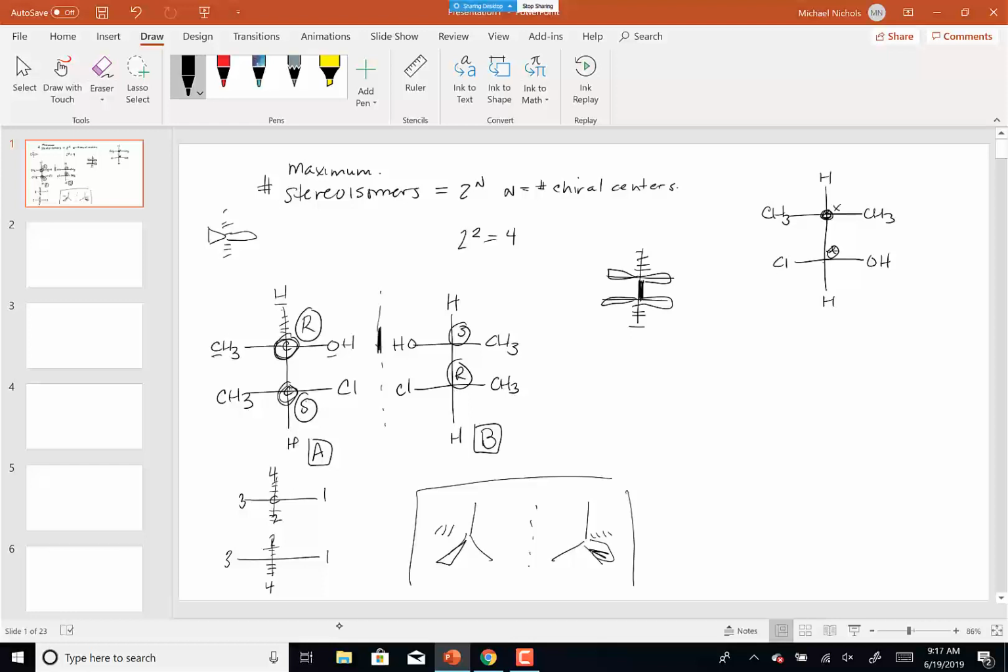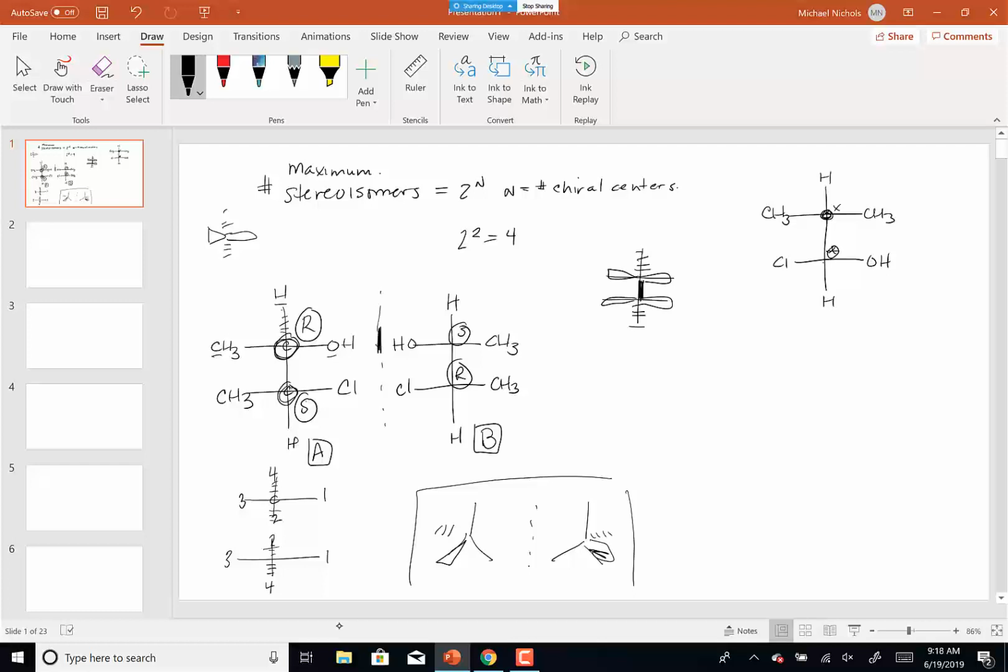So if I just gave you a molecule and said it's a 1R, 2S, 3S, you could write the enantiomer of it by saying it's whatever I said the opposite of. So 1S, 2R, 3R.